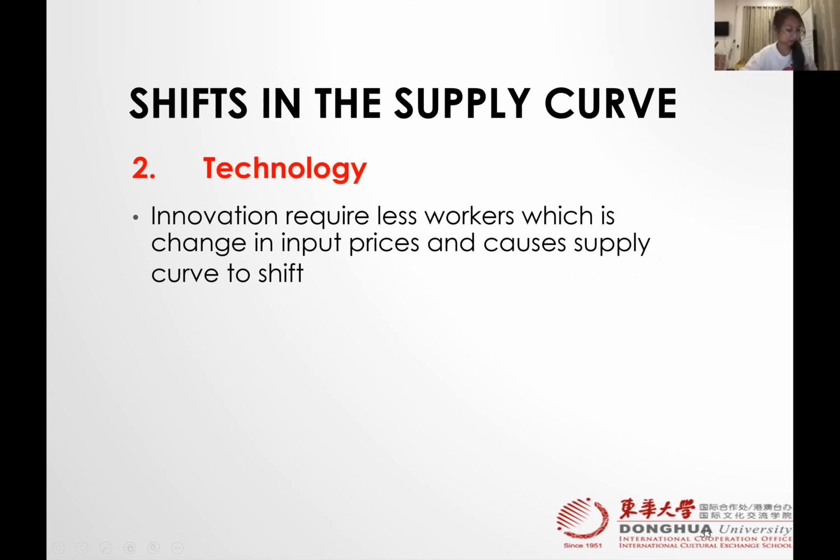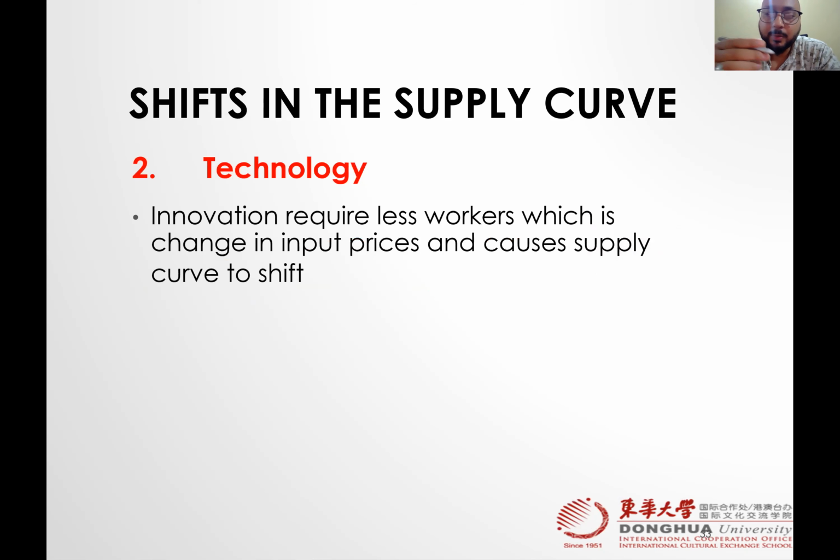Technology. Technology always increases the supply. How? Because nobody wants to purchase technology which cannot reduce cost or cannot produce more, right? Otherwise, there is no point in inventing new technology. I will purchase only technology which increases my production of pens.